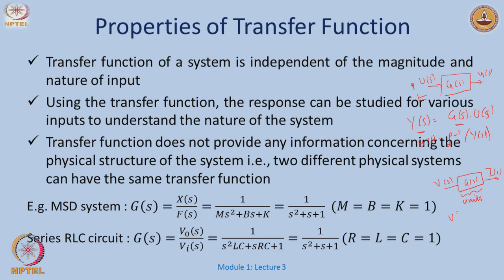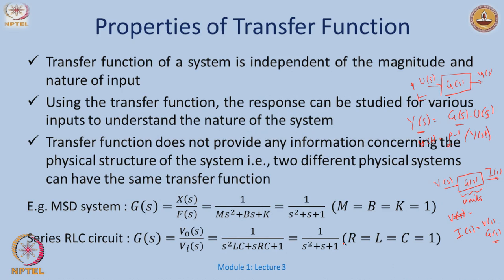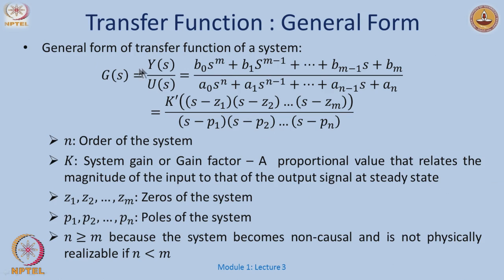So, if I just write it, V of s would be the output, I of s would be V of s over G of s. So, G of s here would capture the units of the inverse of the impedance. Similarly, over here also. So, the transfer function actually captures the appropriate units to transfer the input signal to the output signal. If it is a force and a velocity, it will have an appropriate unit over here and so on.